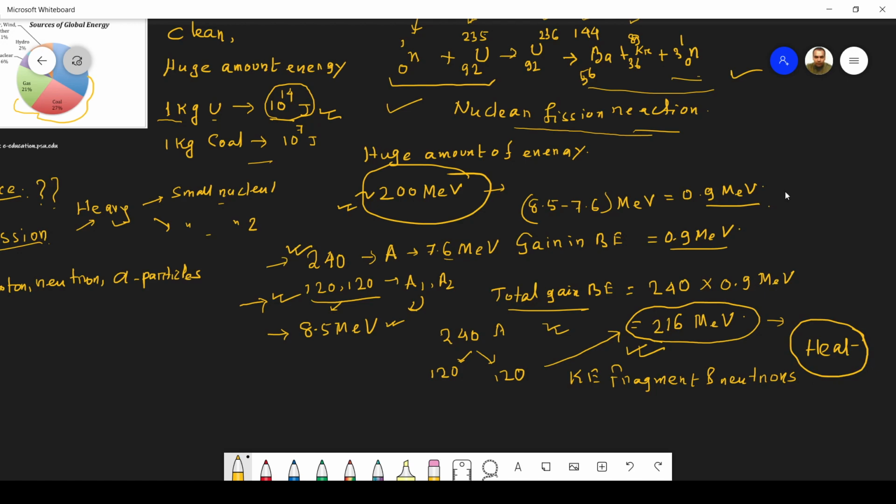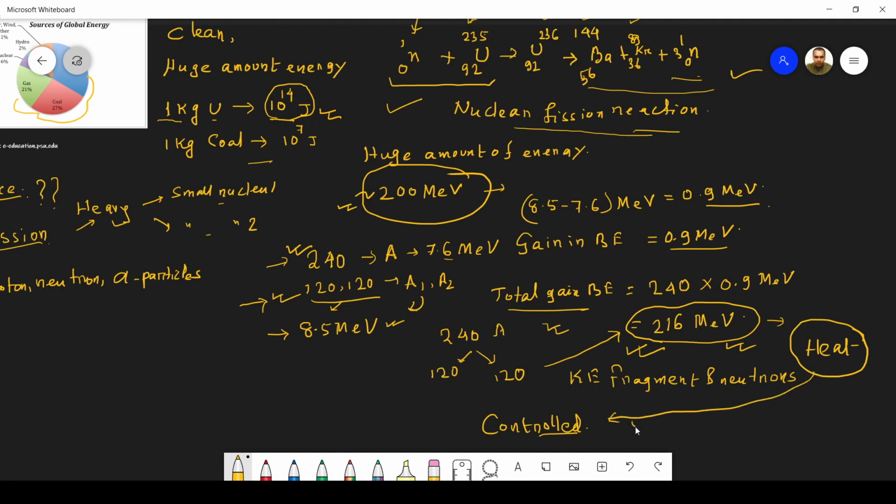Needless to talk about what happened in Hiroshima and Nagasaki, maybe many of you know. Those were uncontrolled nuclear reactions. But in order to generate power or to produce electricity, we have to harvest this much energy, or we have to perform nuclear fission reactions in a more controlled way so that we can utilize this enormous amount of heat.